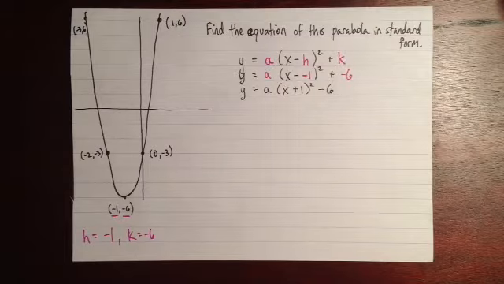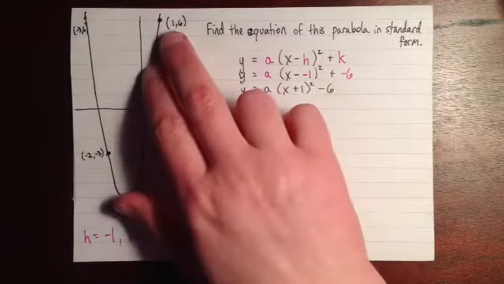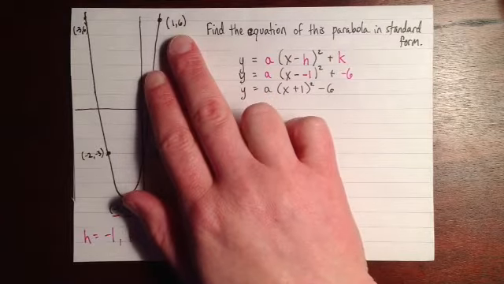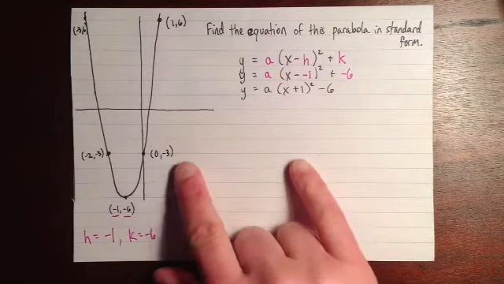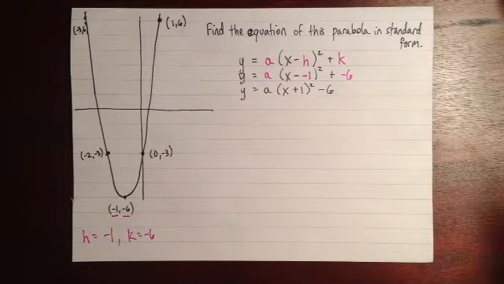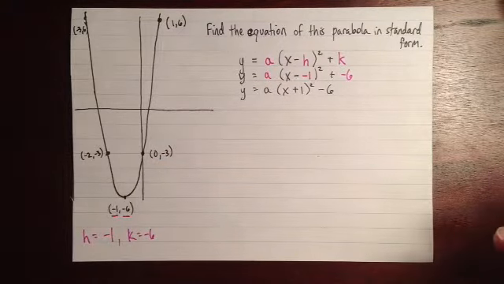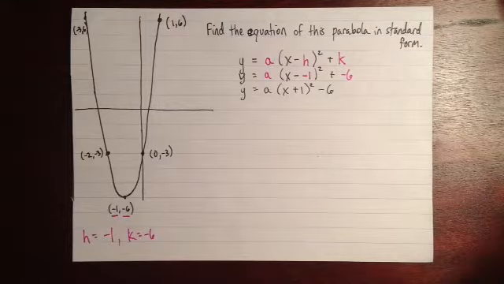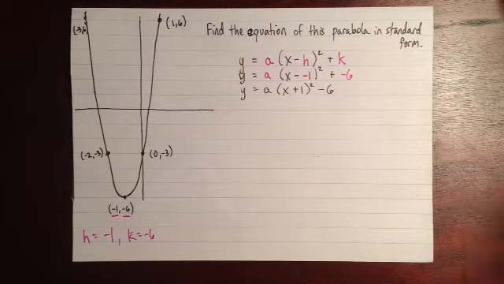As a general rule, people tend to make fewer mistakes if you choose a point that just has positive values instead of negative values. Or maybe this one, it has one negative value but also a 0, which makes calculations nice. But any point will get you the same answer. After I finish this example, you should pause and redo the calculations with another point, and you should get exactly the same a value.